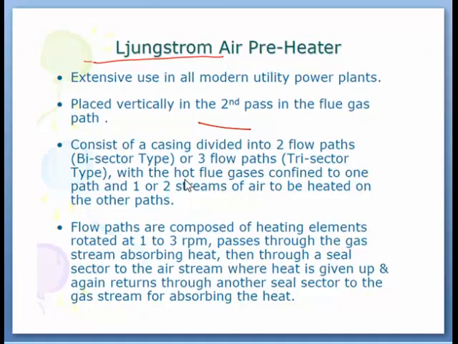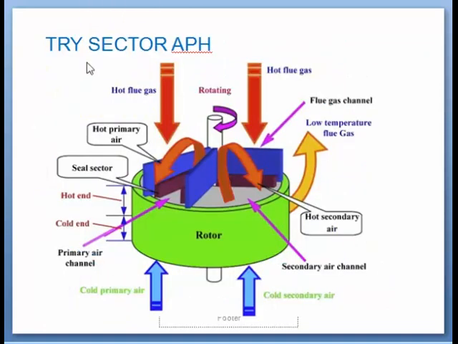Again, this thermal storage media gets cooled, comes again to the first sector, and again comes in contact with the hot flue gas. It absorbs heat, and the same process gets repeated. And in this way, the heat transfer from flue gas to the cold air takes place. This is the construction of the trisector type of air preheater.